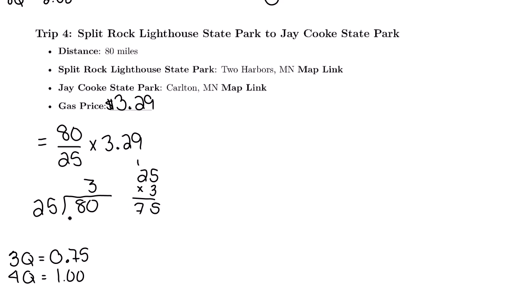All right, we're going to subtract 75. And I'm going to borrow here. 10 minus 5 is 5. Well, I'm going to have to put a decimal here. Bring the decimal up. Now I'm going to bring down my 0. So much work for this little one. Now, how many 25s are in 50?